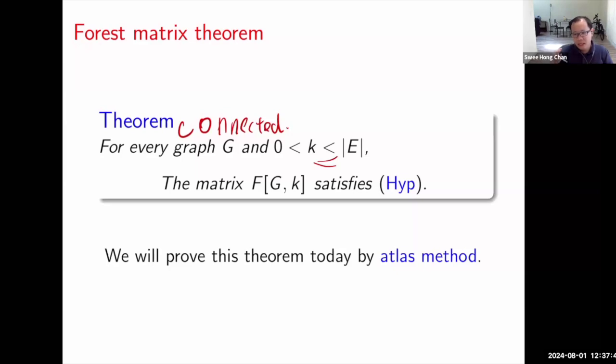We actually need more. Sorry, yes, that's a good question. I forgot to say that. Take the complete graph: the maximum size of the forest is n-1 and the number of edges is n choose 2. Sorry, this is a mistake.